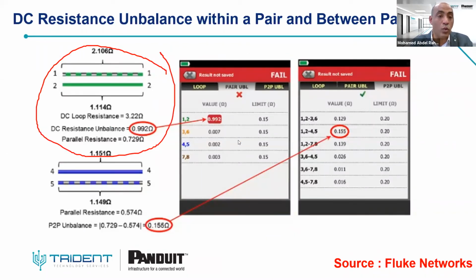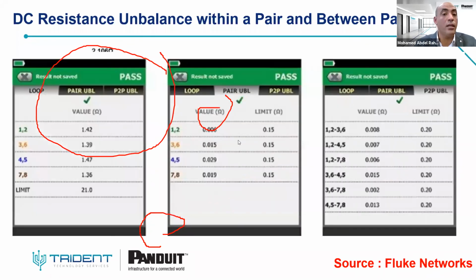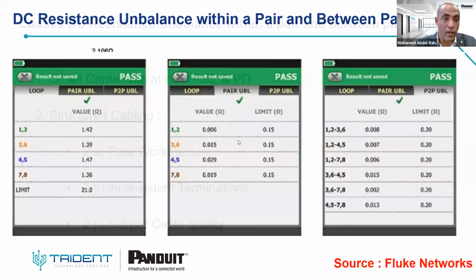You don't have any matching between the two conductor resistances, so it will fail. Historically this test was done at the factory, but now it can be tested in the field. Also, this is the pair-to-pair resistance imbalance. You can measure it to get your system to pass, and it can be supported without any issue for the data transmission and the power to the device.